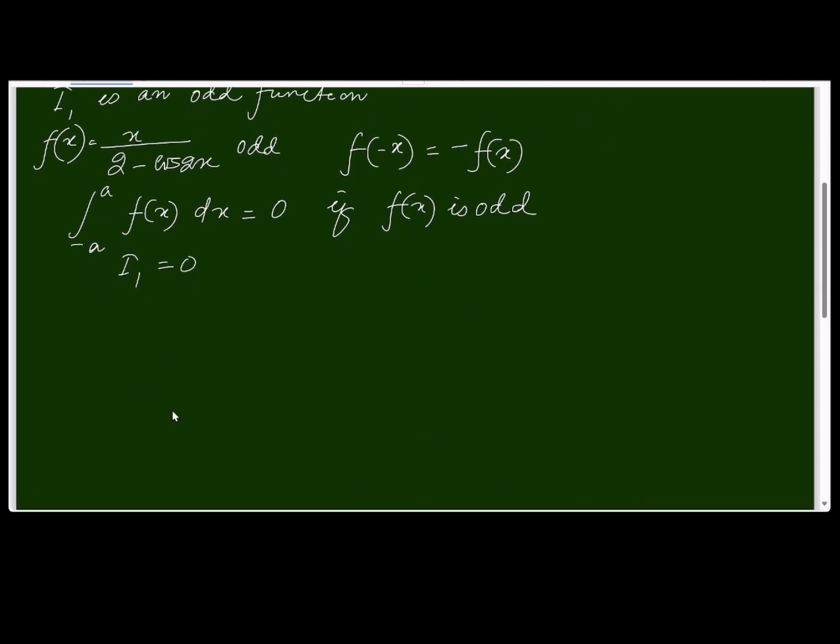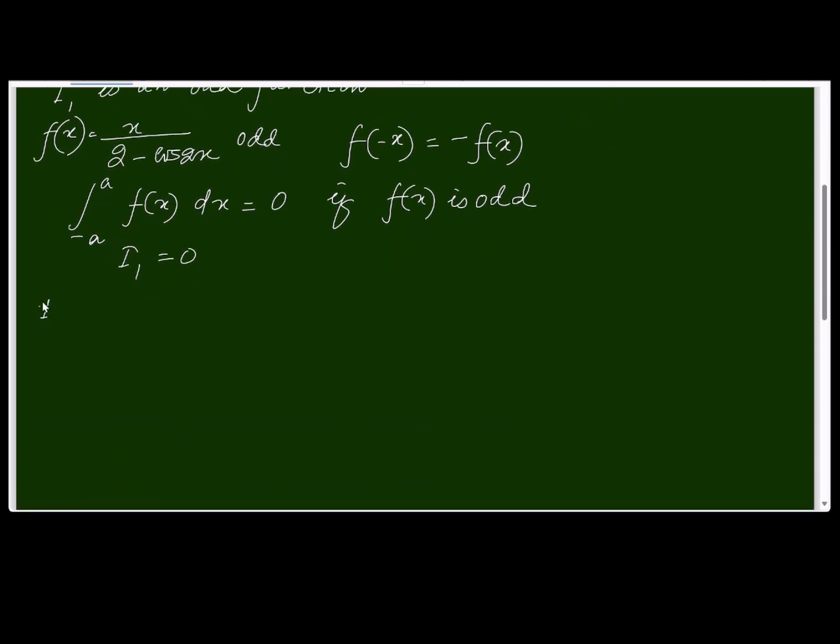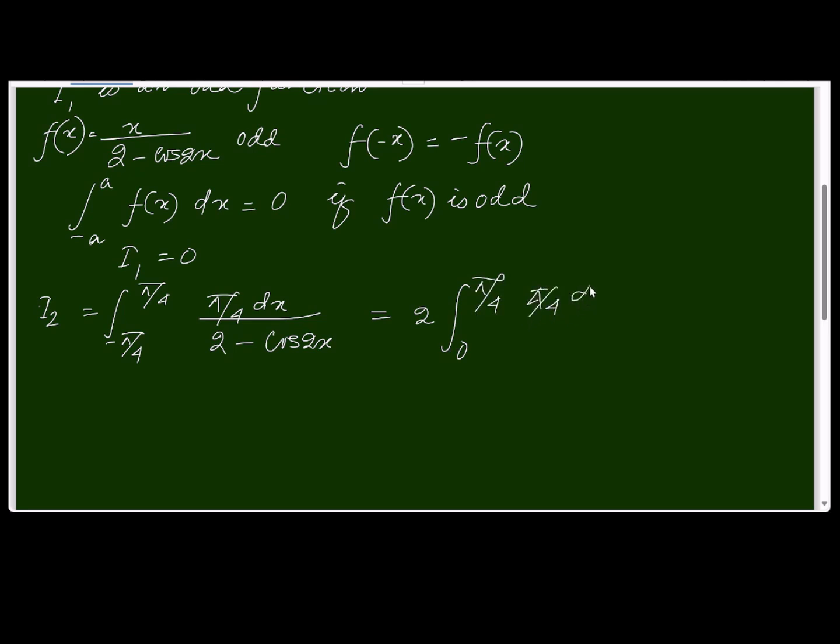Coming to integral 2, it equals the integral from negative pi by 4 to pi by 4 of dx upon 2 minus cos 2x. It can be written as 2 times the integral from 0 to pi by 4 of dx by 2 minus cos 2x.